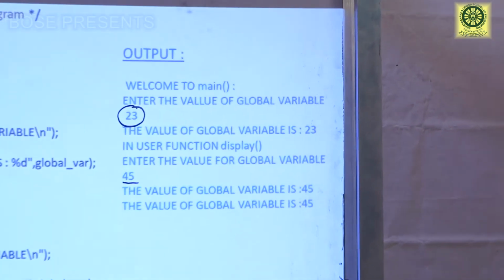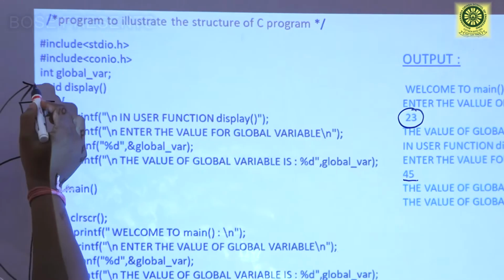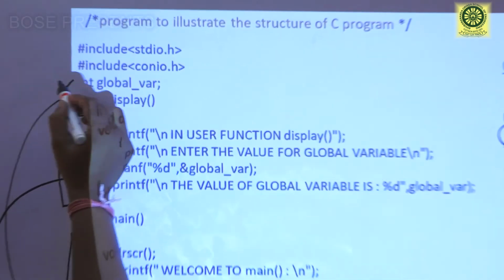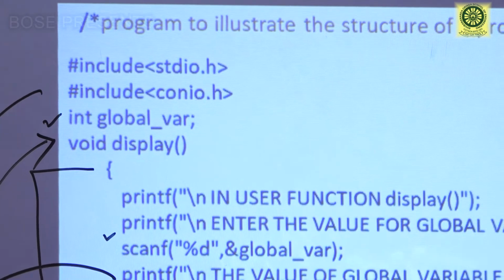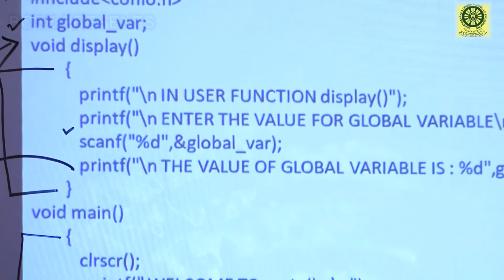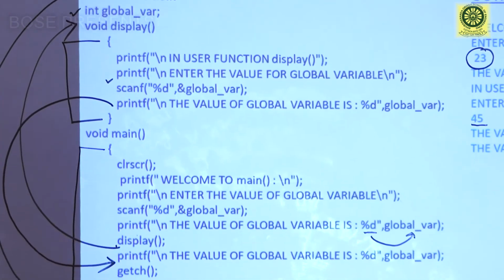as global_var is a global variable, the scope of this variable is throughout the program. That means it may be the main function or it may be a user defined function. Both can use the global variable.